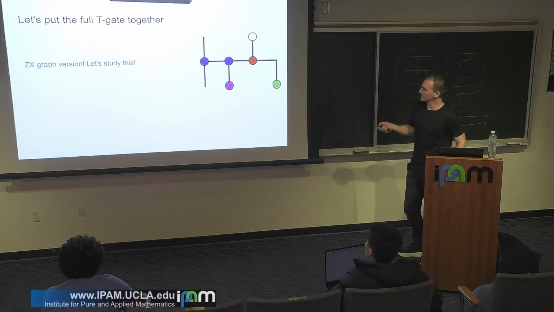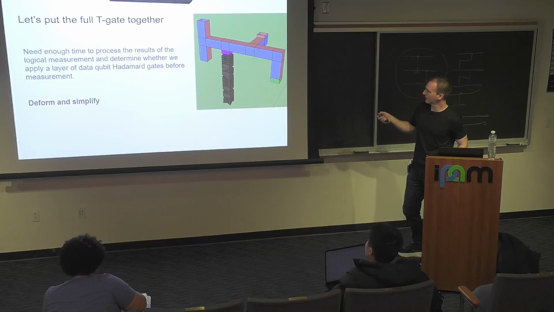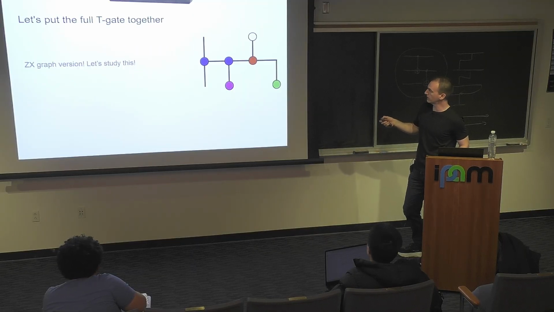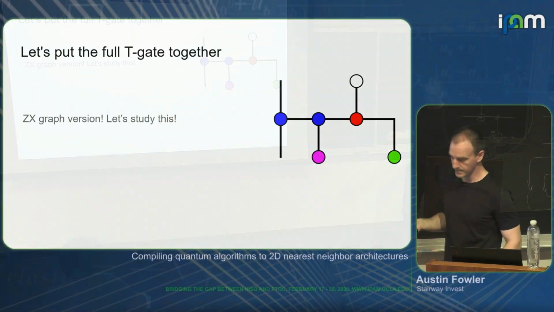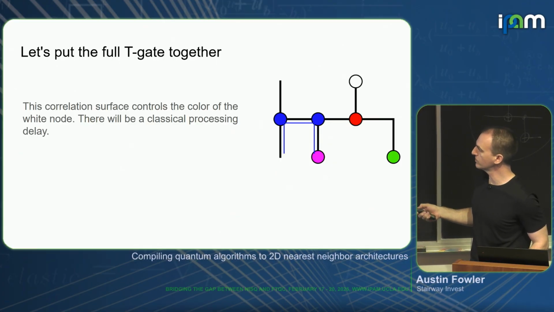So step by step, let's translate that. So we have 2 blue nodes, a red node, and then we have this white node, which is we don't know what color it is yet. All right, so there it is, explicitly. Same thing as a ZX graph. There is an explicit correlation surface right here, and this controls what color you make that, right? Is it red or blue?